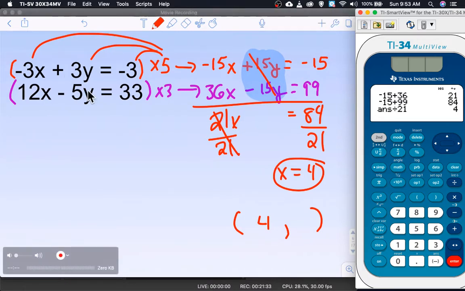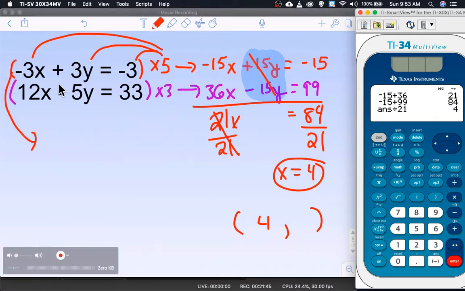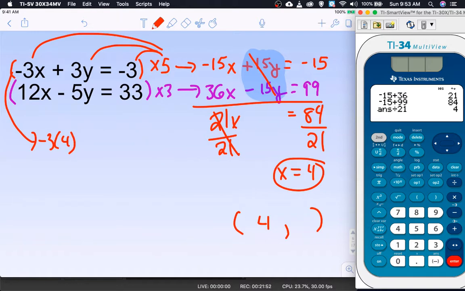I'll be honest, I'm not going to choose this bottom one because those numbers are bigger. I'm going to choose this one right here because those numbers are smaller. So I'm going to take this equation and plug in a 4 for the x value. So it becomes negative 3 times 4, that's my x value, plus 3y equals negative 3.